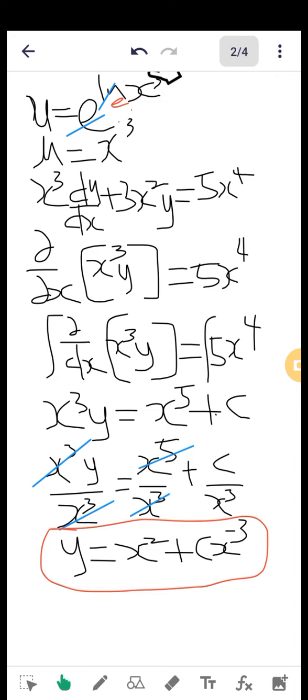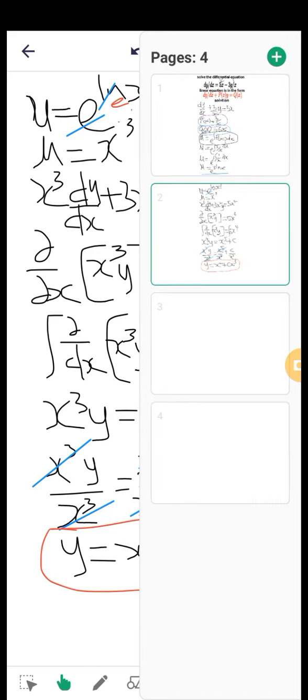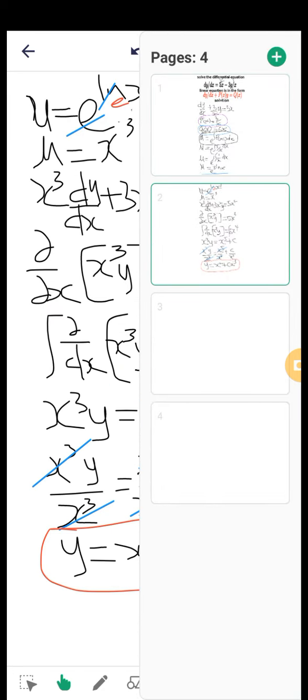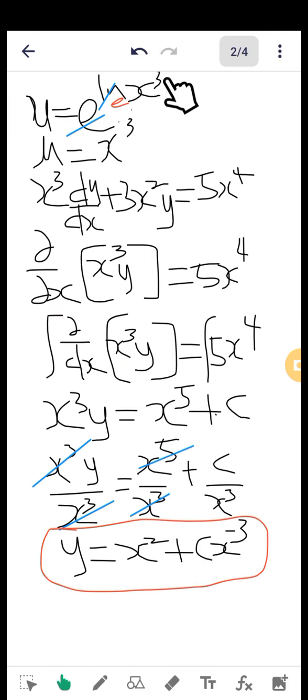We had x exponent 3 because, from the law of logarithms, if we are multiplying a constant by a logarithm, the one in front will come as an exponent. That's why we had x exponent 3. So our mu is x exponent 3. That's the integrating factor.